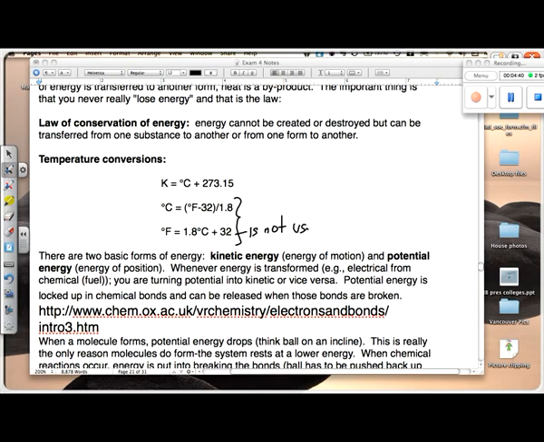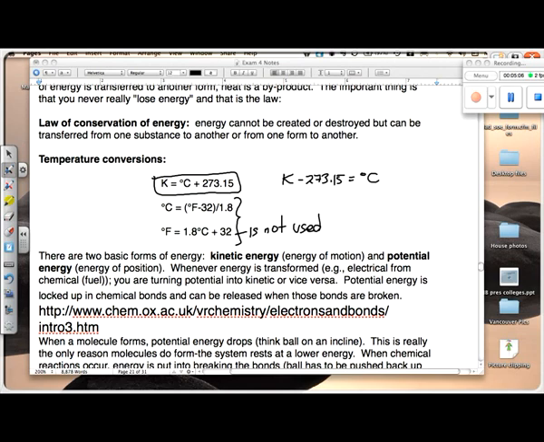So we generally use the Celsius scale, but if we are talking about this subject and especially the gas laws, we are going to be using the Kelvin scale. And we go back and forth between Kelvin and Celsius by adding 273 to the Celsius temperature, or if we have to do it the other way, the Kelvin temperature minus 273.15 to be exact is the degrees Celsius.